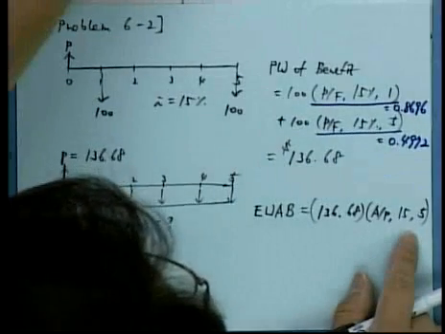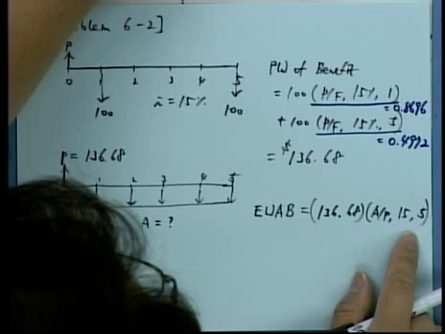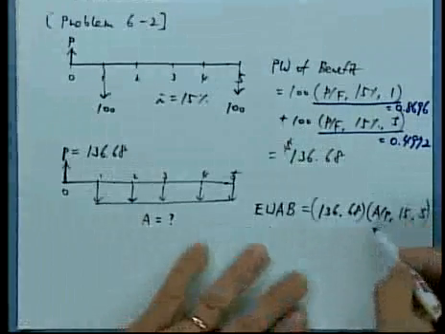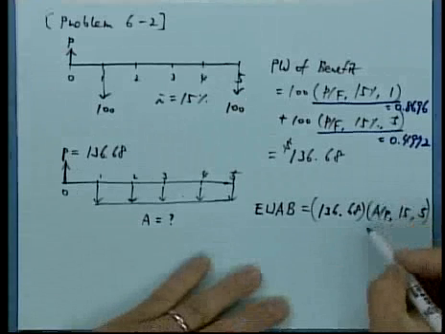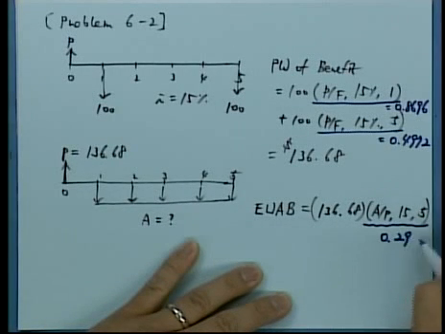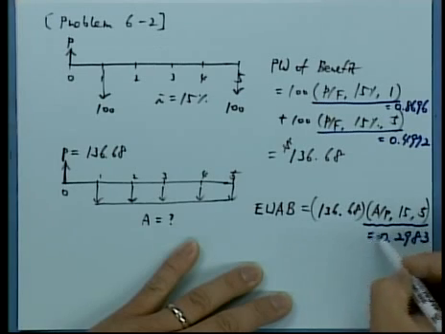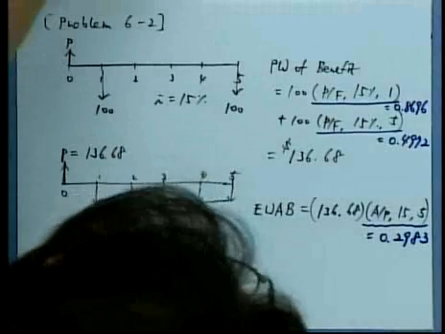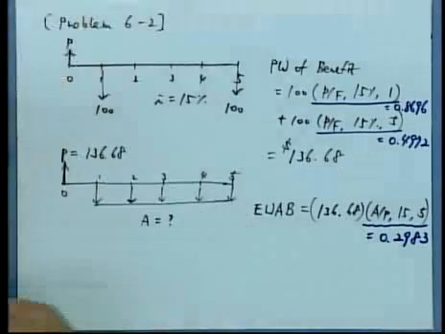A given P over 5 periods, that is 0.2983. Is that correct? A given P, 0.2983.